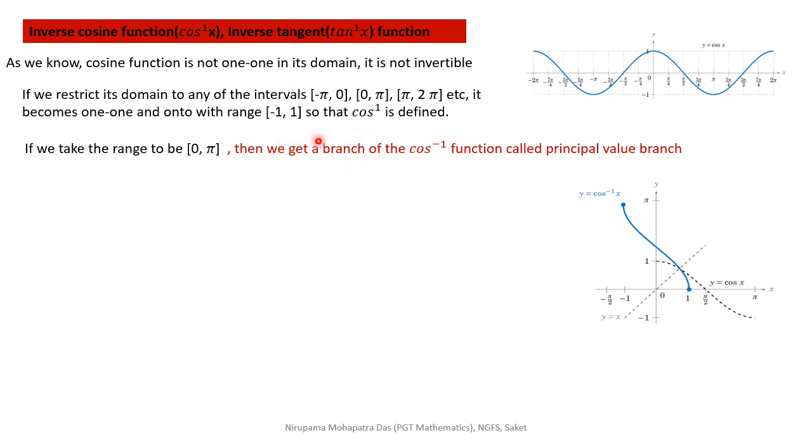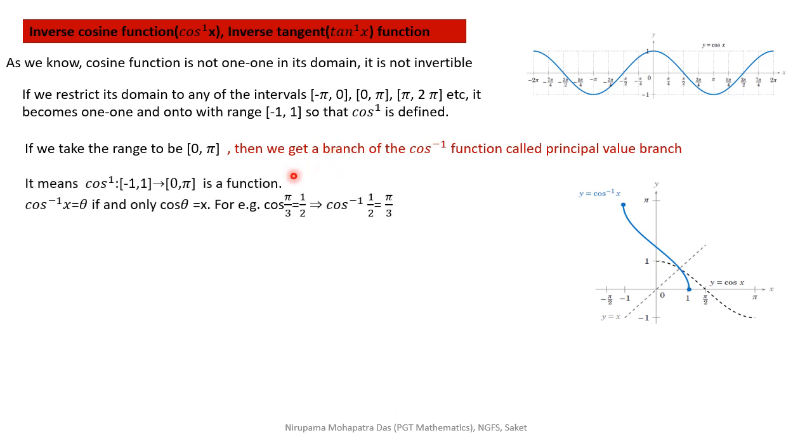In other words, whenever we restrict the domain of the cosine function to 0 to pi, with range minus 1 to 1, cos x will be invertible. So cos inverse is a function from minus 1 to 1 to 0 to pi. And whenever you write y equal to cos x, x equals cos inverse y.